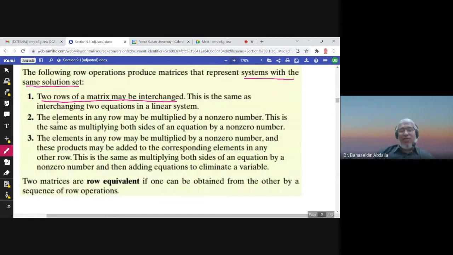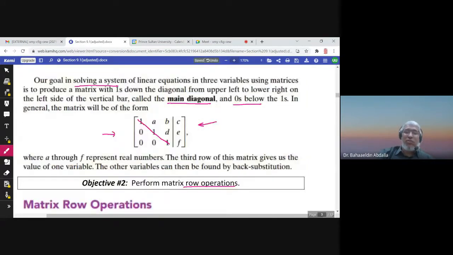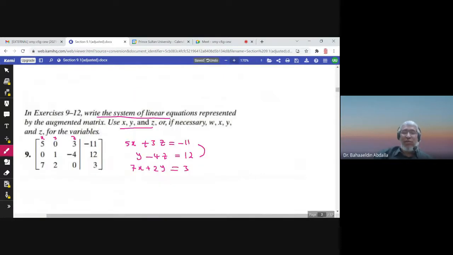The second row operation, you can multiply any row by a non-zero number. So this row, for example, I can divide by 5, which means I multiply by 1 over 5. Multiplying by 1 over 5 or dividing by 5, the same. Does this change the solution of the system?